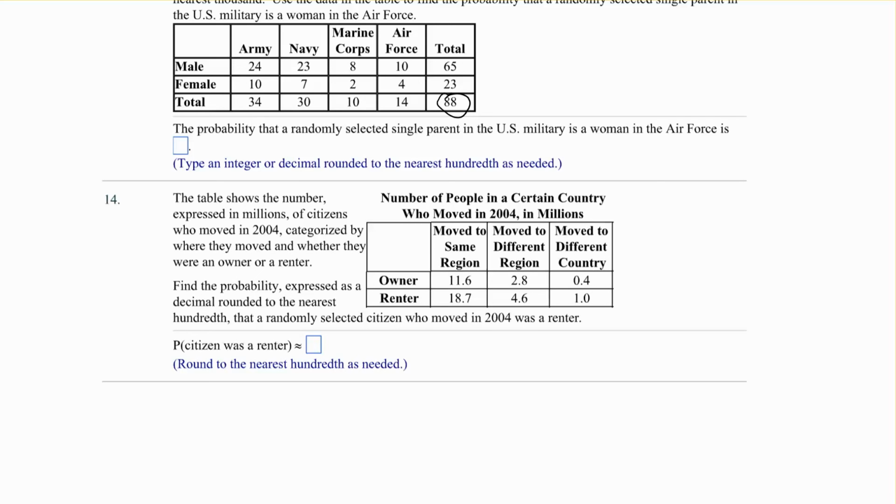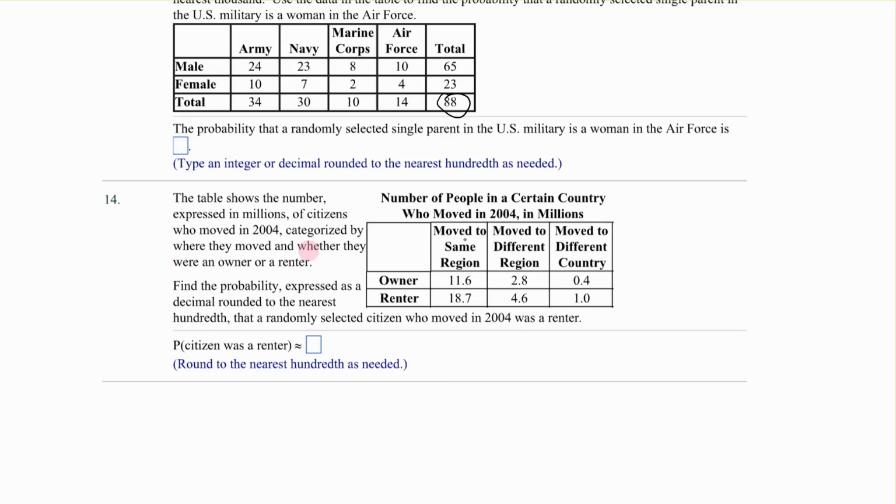In this last one, we're going to use, once again, empirical probability, where we're just looking at our data and seeing how many times something occurred. Not what we predict, but really how many times something occurred. We don't have totals here. It says, the table shows the number, expressed in millions, of citizens who moved in 2004, categorized by where they moved and whether they were an owner or a renter.